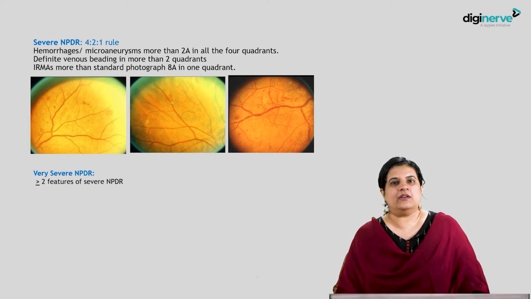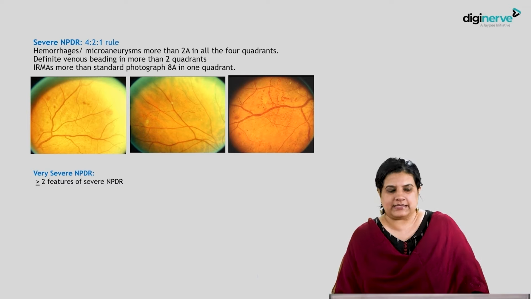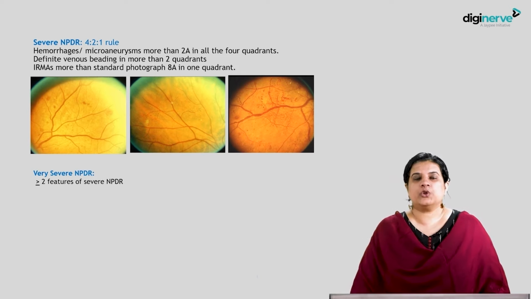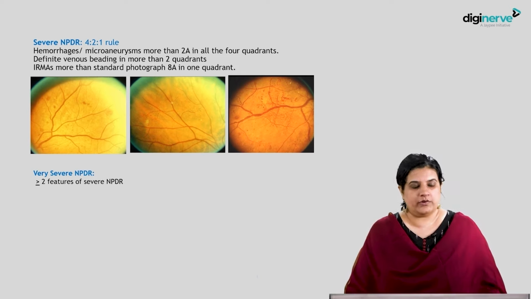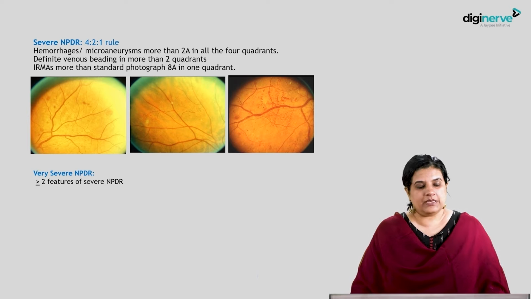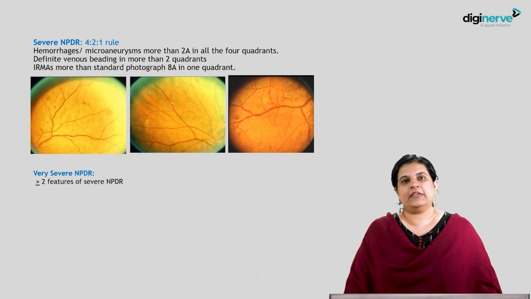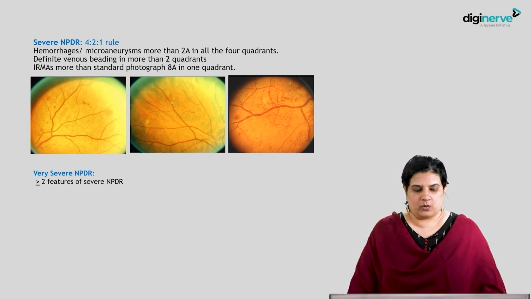So, this finding should be similar to what was seen in the standard 2A photograph of the ETDRS study in all the 4 quadrants. Definite venous beading should be seen in more than 2 quadrants, and IRMAs can be seen in more than standard photograph 8A of the ETDRS in 1 quadrant.